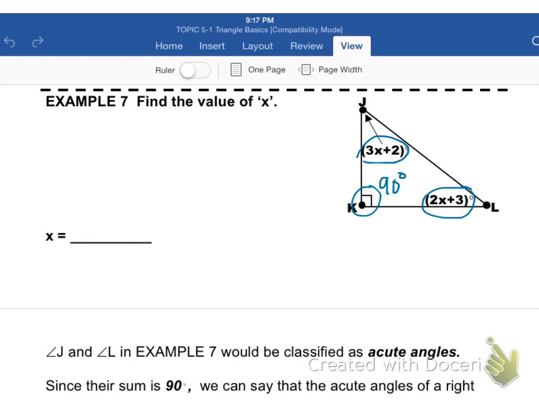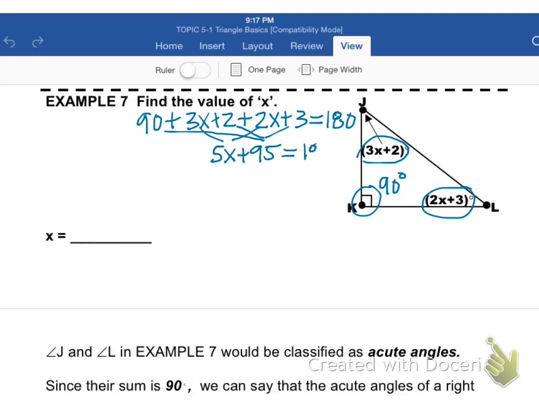So we've got 90 plus 3x plus 2 plus 2x plus 3, and that all equals 180 degrees. So let's go ahead and add this together. If we combine our like terms, our x's, we've got 3x plus 2x, which makes 5x. If we combine our constants, we've got 90 plus 2 plus 3, which makes 95.